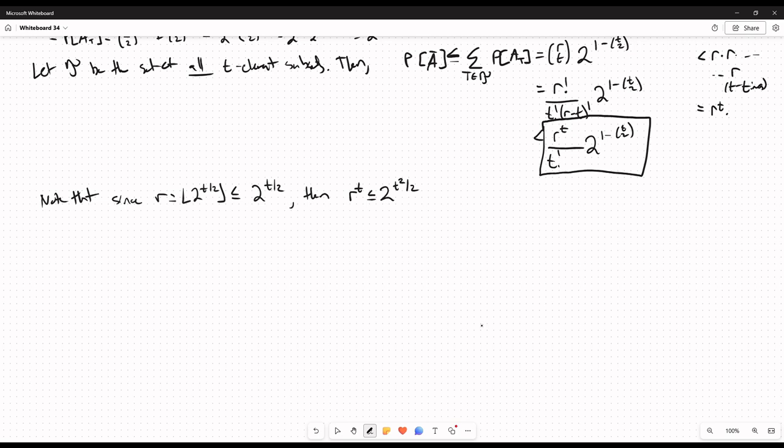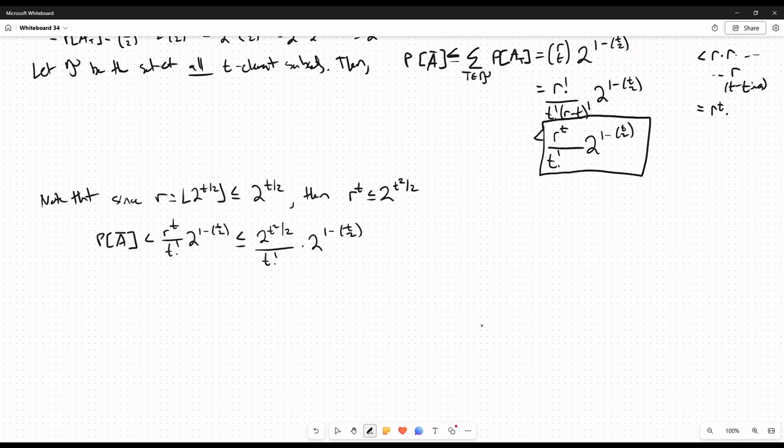So we now have that P of the complement of A is going to be less than, let's start with what we had. We had R to the T over T factorial, times 2 to the power of 1 minus t choose 2, which is less than or equal to 2 to the power of t squared over 2 over T factorial, times 2 to the power of 1 minus t choose 2.